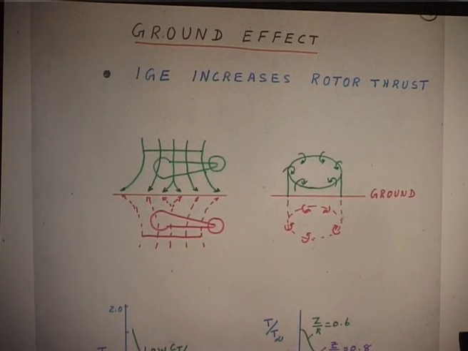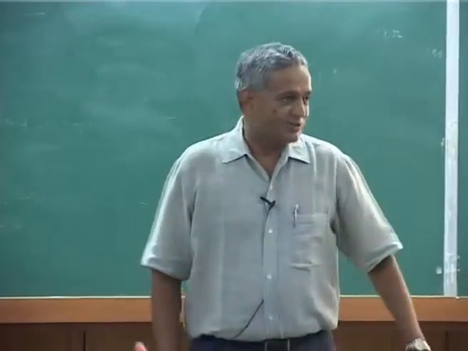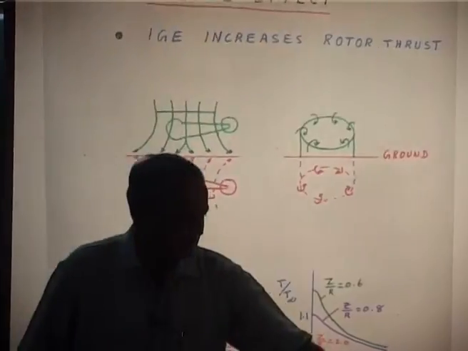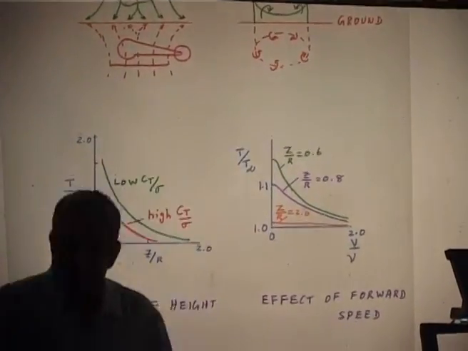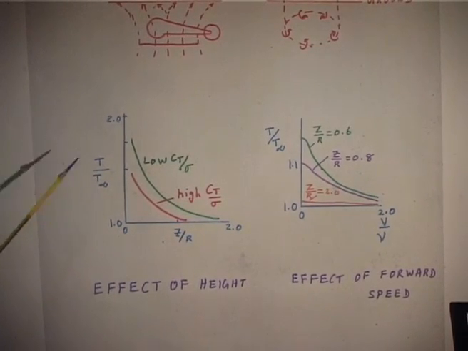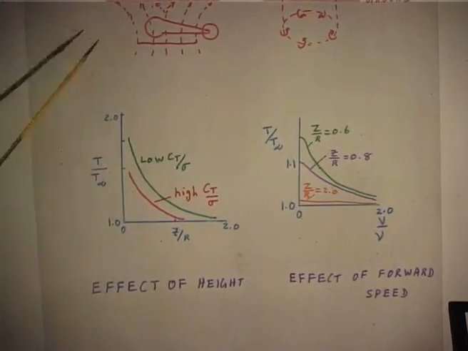In other words, the same thing is plotted in terms of thrust. If you give the same power, you can lift more weight near the ground. That is shown as a diagram, T over T infinity. T is the rotor thrust, over T infinity when it is far away from the ground, and the curve starts from 1 to 2.